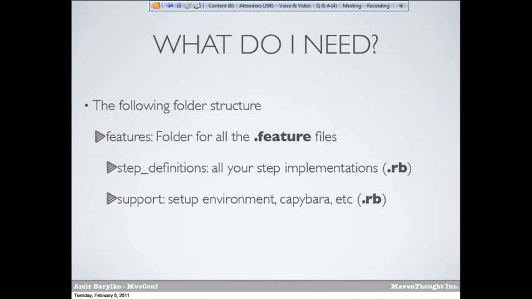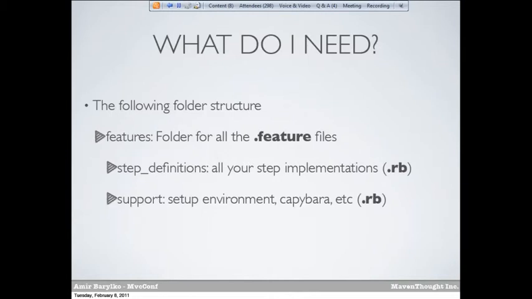You need very few things. The only thing you need is the following folder structure. You need a folder called features, where all your features are going to live. You're going to need a folder called step definitions, where the implementation of your features are going to be, and then a folder called support.